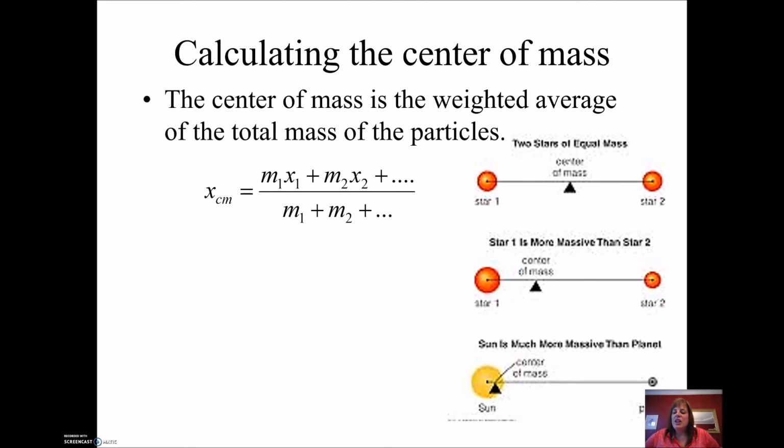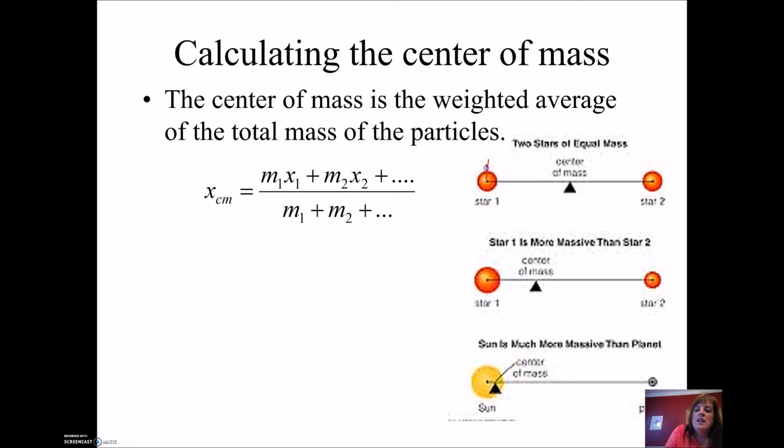All right, let's get to calculating. We've talked about how to experimentally find it, but now let's talk about how you calculate the center of mass. For the center of gravity, we just use mg instead of just mass, but they're about the same thing for us. The position of the center of mass is a weighted average. You take the mass times a distance, and you just choose where you want to pick that distance.